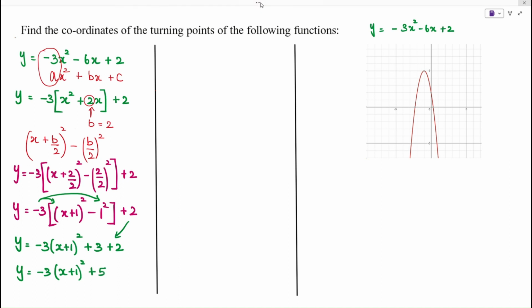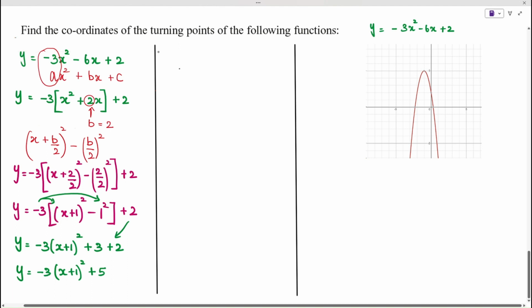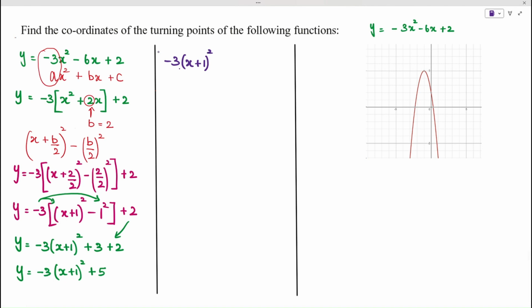And so we have our equation here, and we've completed the square on it. So what we can do is we can isolate our section with the brackets. So we get minus 3 times x plus 1 the whole squared, and then we equate it to 0.